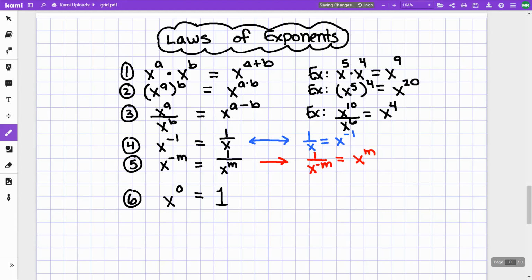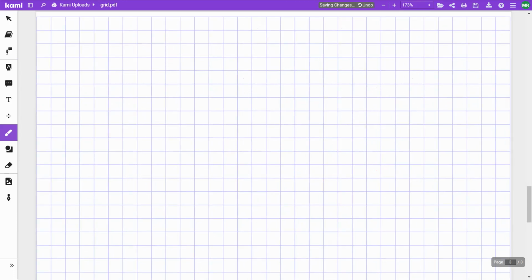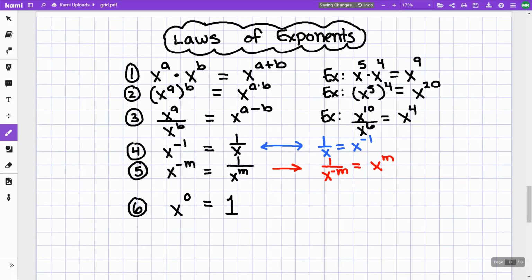And these are going to be our laws of exponents. So you're going to be referring to these when you're doing the problems in today's classwork and homeworks. It's going to be a very important thing that you're going to want to understand for all of your math career.